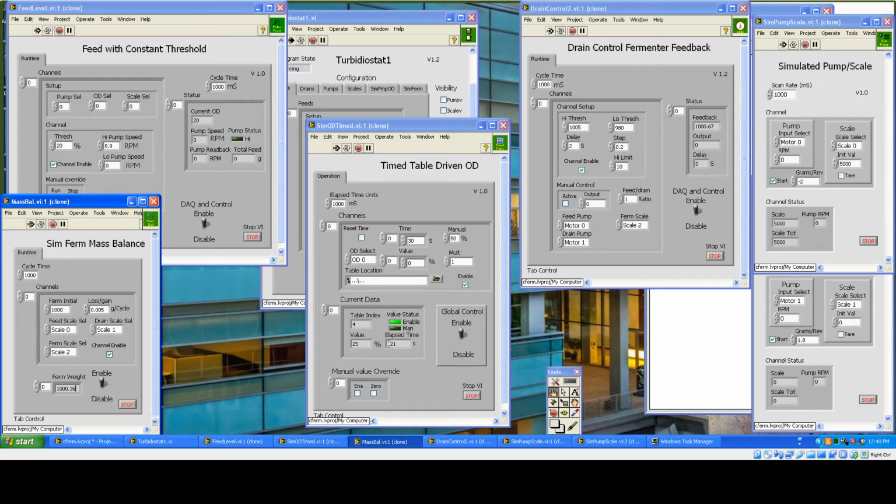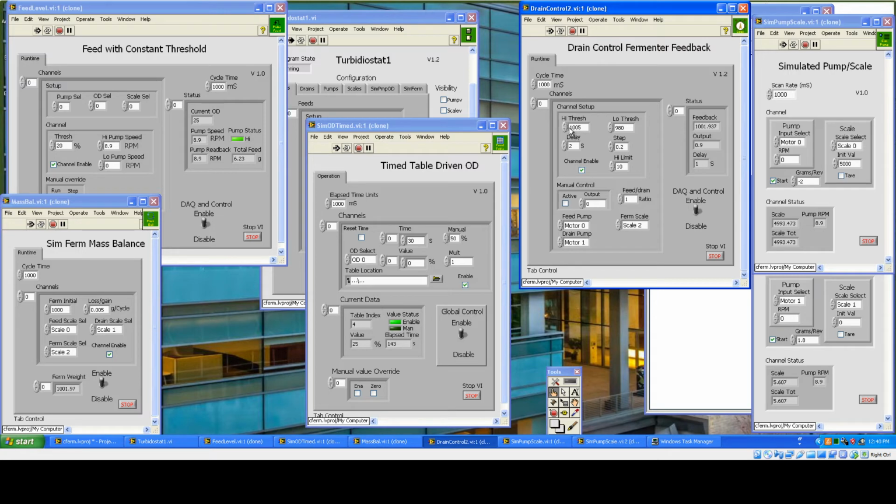So here we go, 25. We now start pumping. We see a total feed start to accumulate. We are now running on the output here, and the logic there is that when this VI noticed that the feed pump started, it decided to start the drain at the same speed.